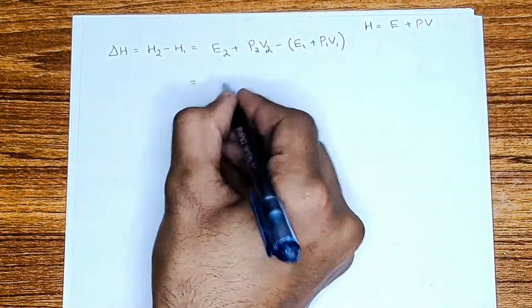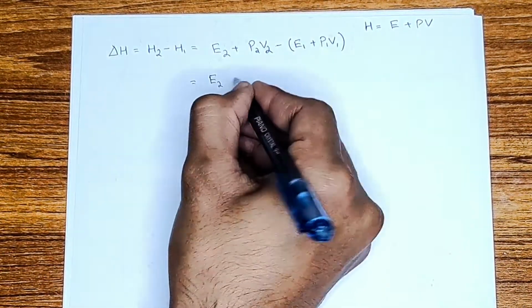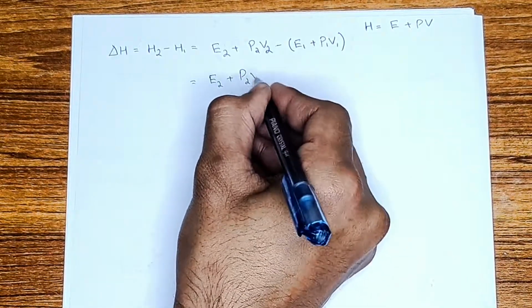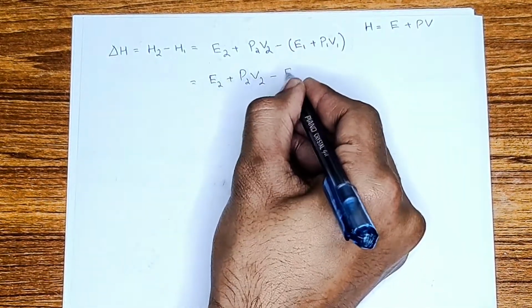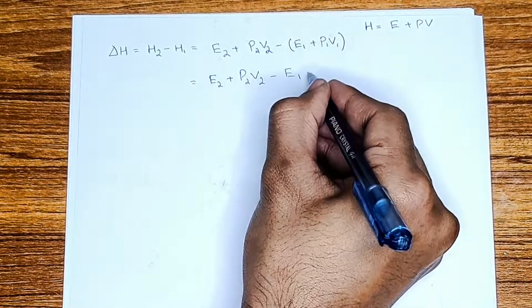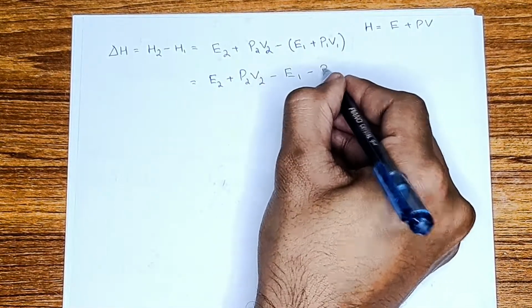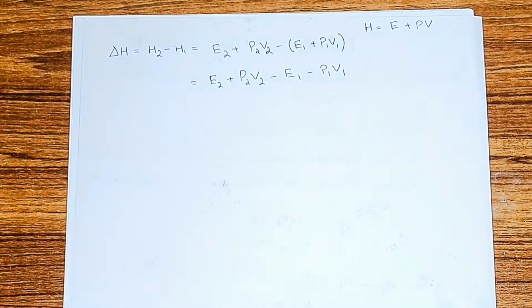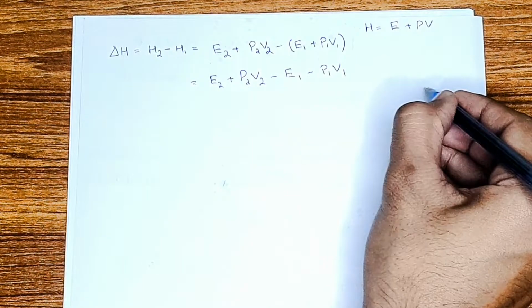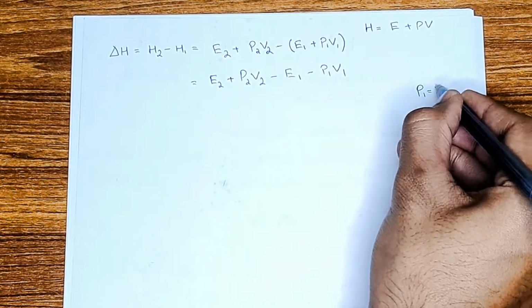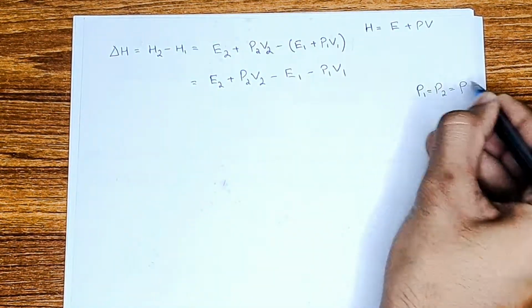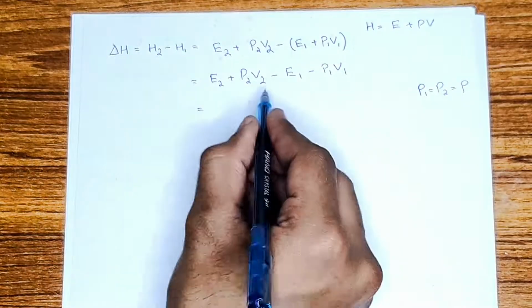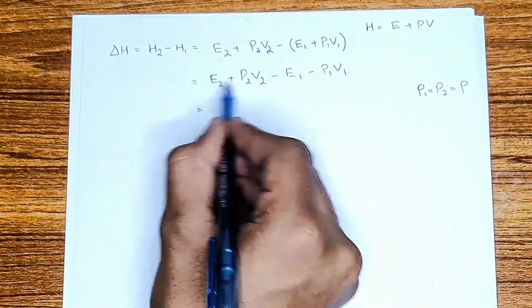Now I just have to open the brackets, and that will leave me with minus E1, and minus plus becomes minus again P1V1. As you know that the pressure is constant, I can write P1 is equal to P2 is equal to P. So in that case, first of all, I have to rearrange E2 and E1.